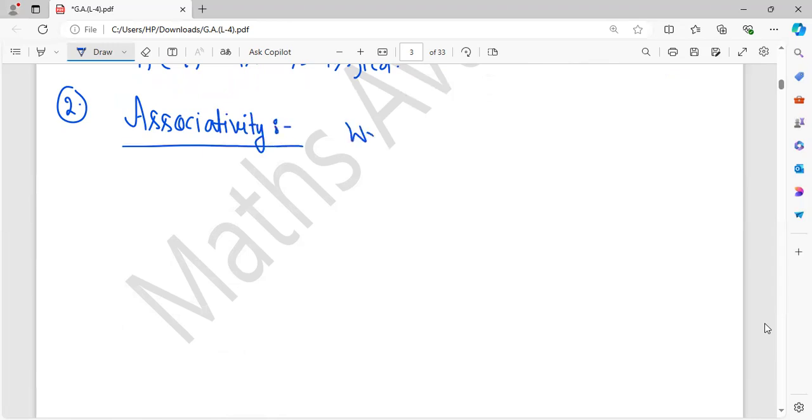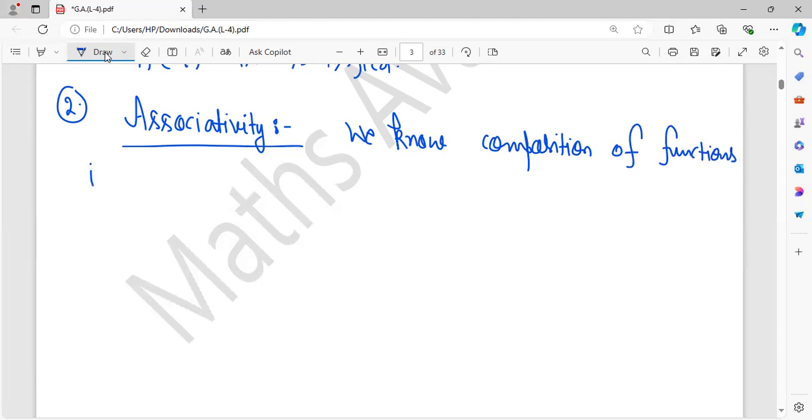We know composition of functions is associative.